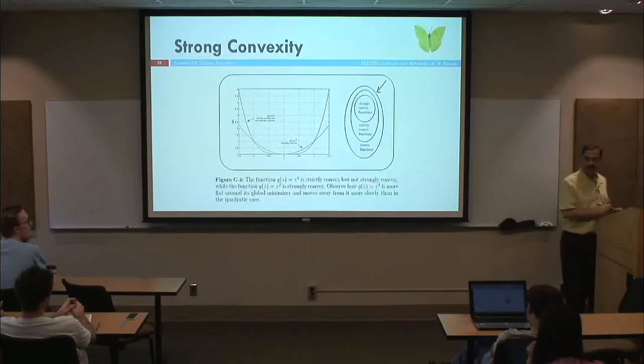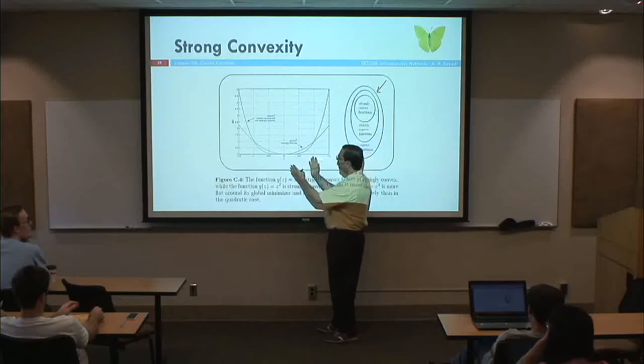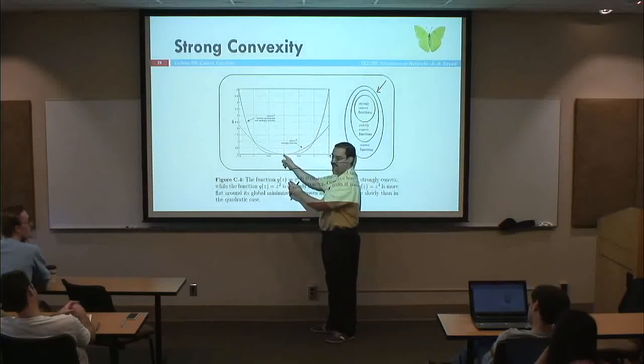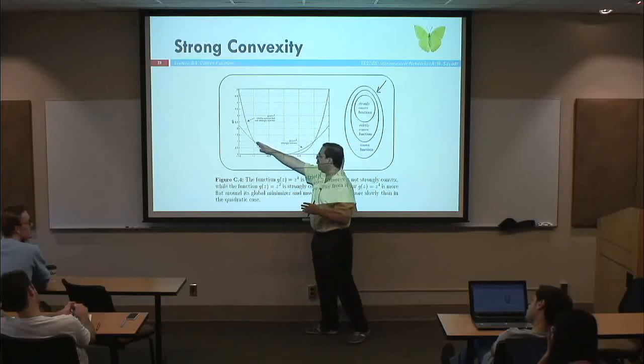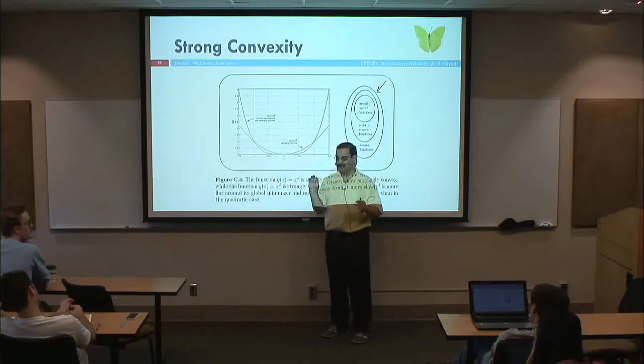You observe already that for strongly convex functions, the function is more concentrated close to the minimum, whereas you have a more flat opening for functions that are not strongly convex.